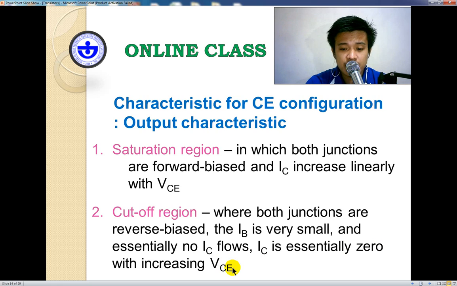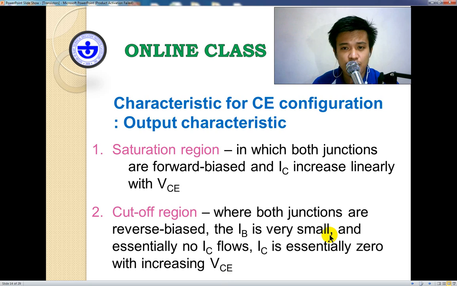So if you have a higher amount or a certain voltage on the collector or on the emitter, when the base doesn't have enough current, then current could not flow from collector to emitter, or from emitter to collector.